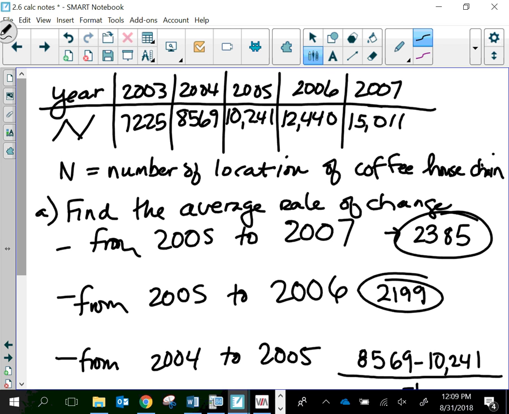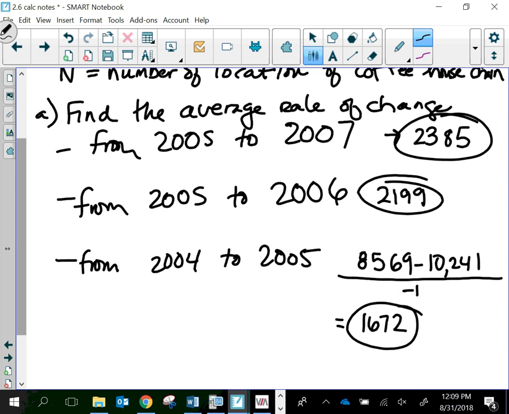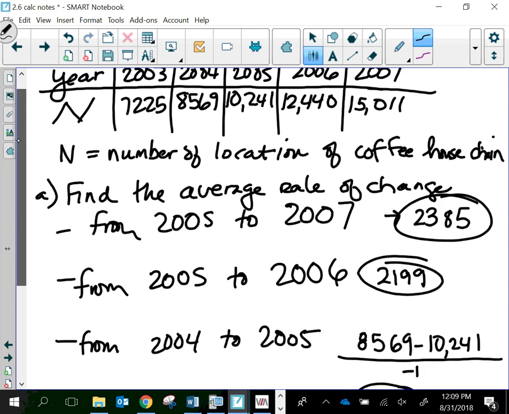So it's the average, it's how much they're changing from 2005 to 2007 on average, okay? So we changed not so much, but 2005, look how much we changed. So it's increasing even faster. So, all right, so that's an average.